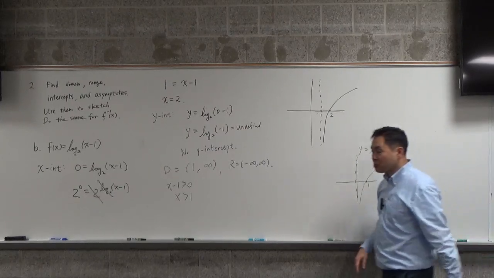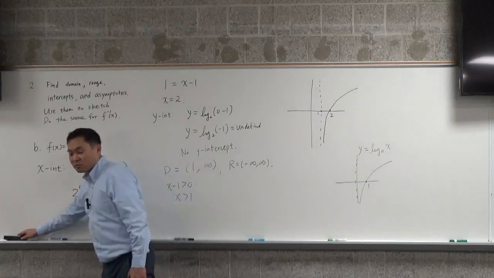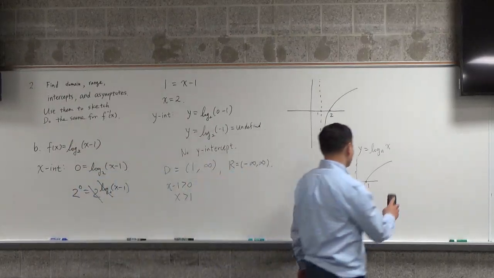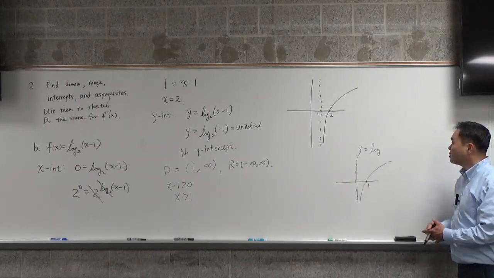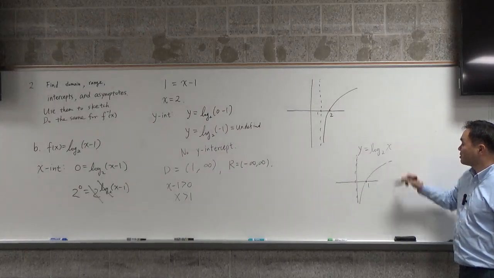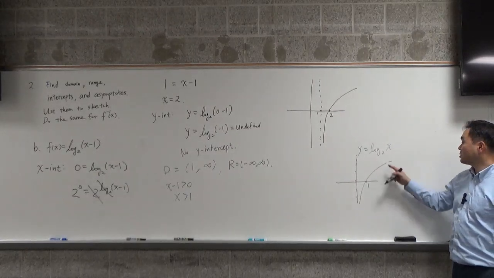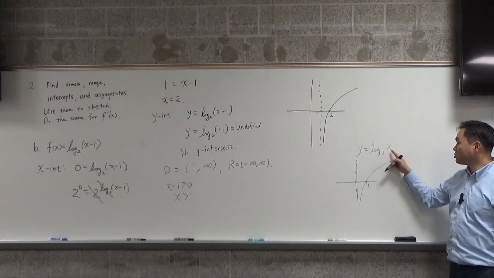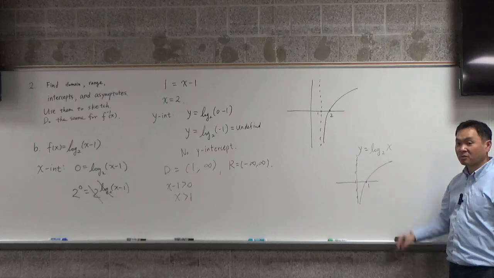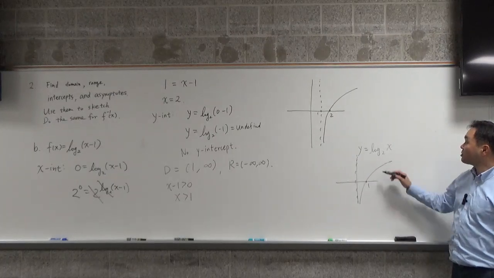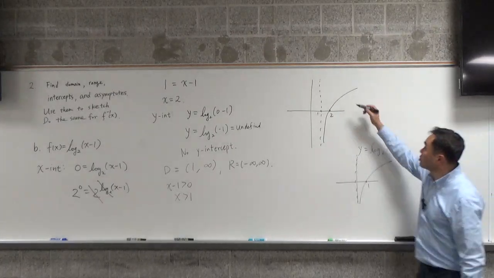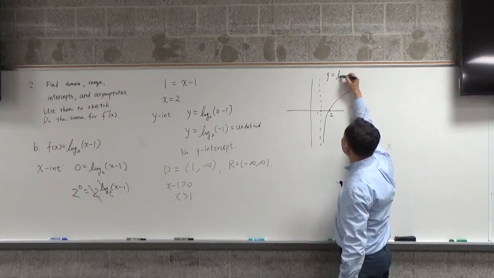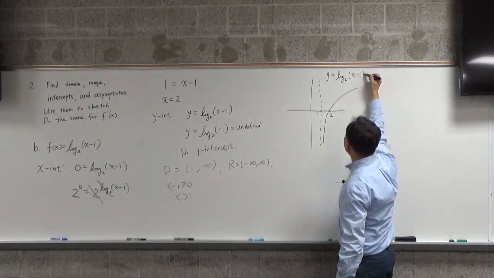So that's one way to graph it. Another way to do it would be to start from y equals log 2 of x. Since in general that's the shape of the graph, log 2 of x would still be like this, right? Now what happens if you go from log 2 of x to y equals log 2 of x minus 1?